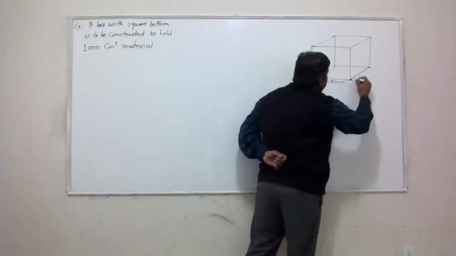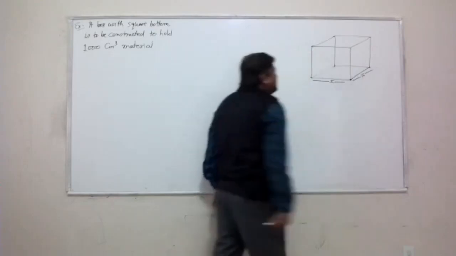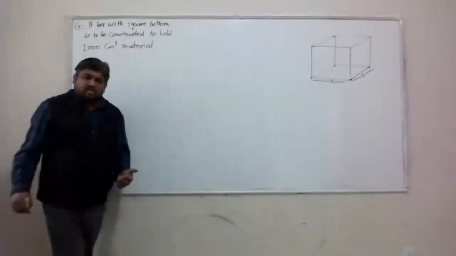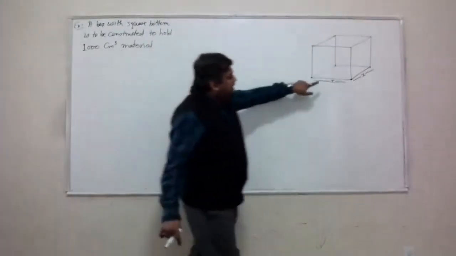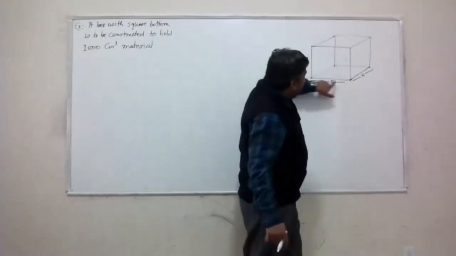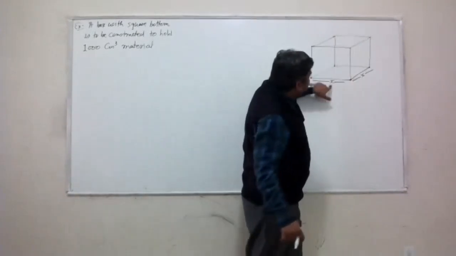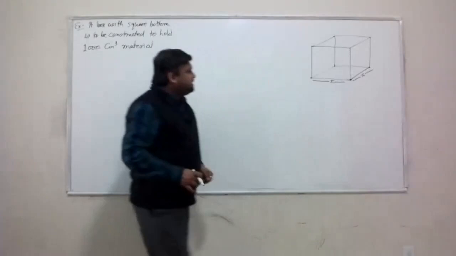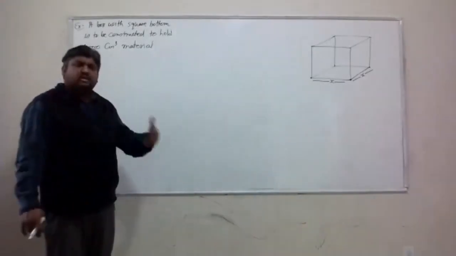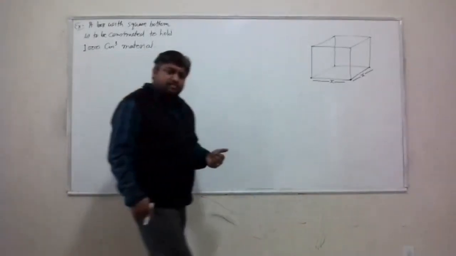So square base means the base will have height and width the same. I'm going to denote the width and length of the base by variable x.